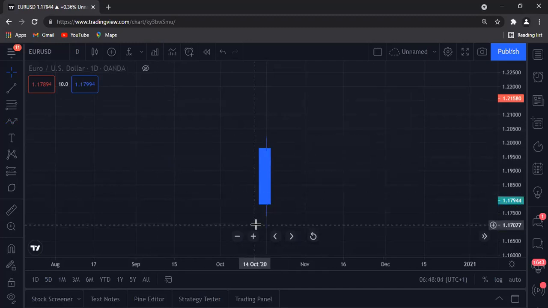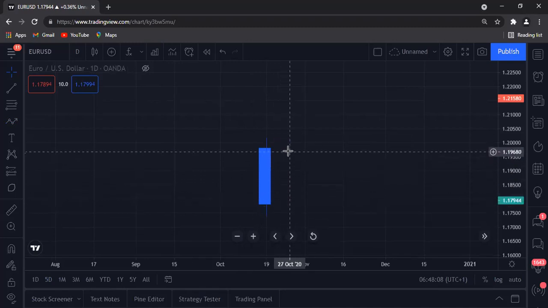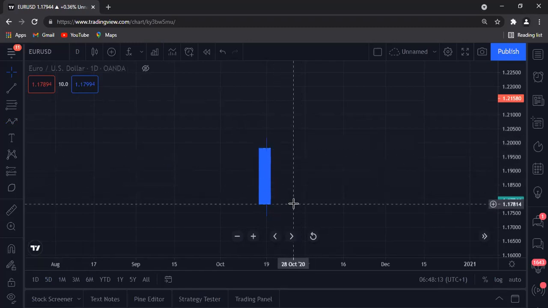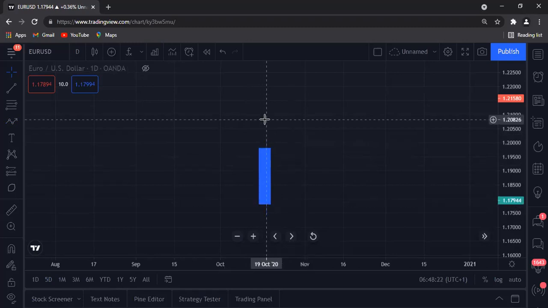Now for the bearish candle, it takes the market down. You can see that the former candle opened here and closed at the bottom because it's a bearish candle. It brings the market down. But this is now the reverse of it. It takes the market up.